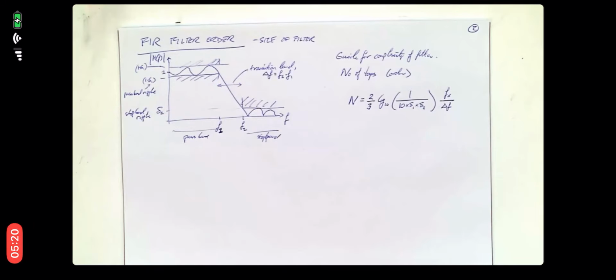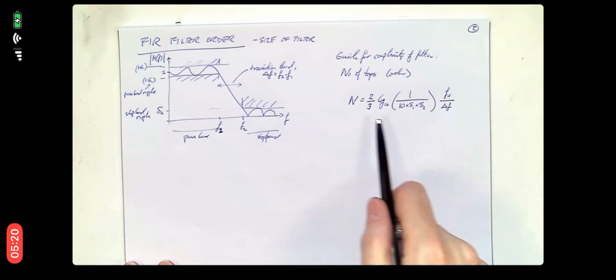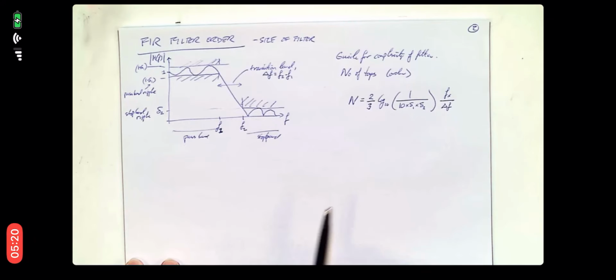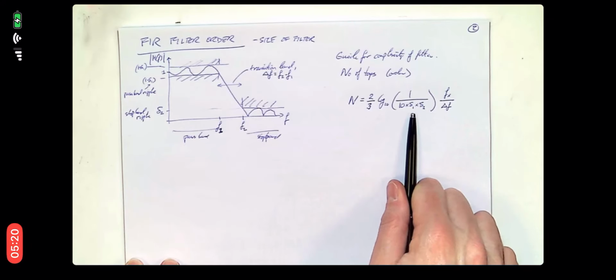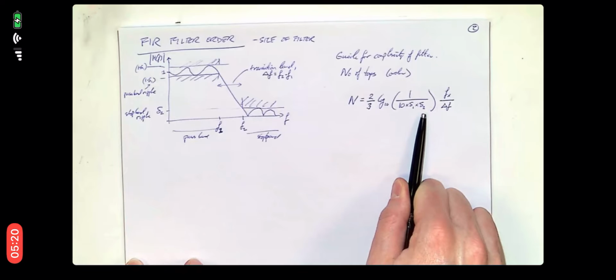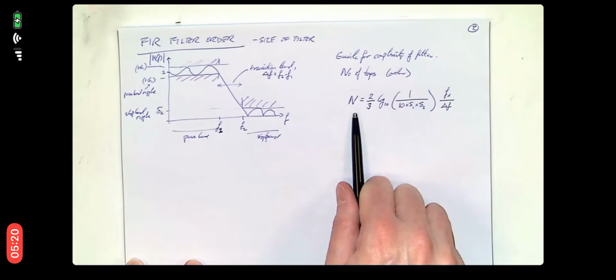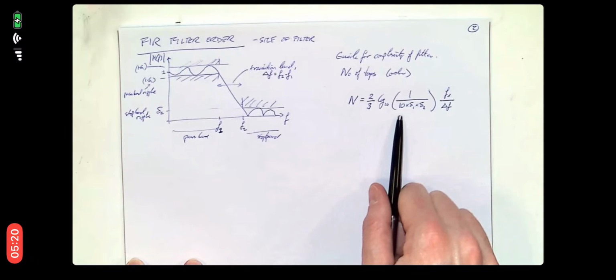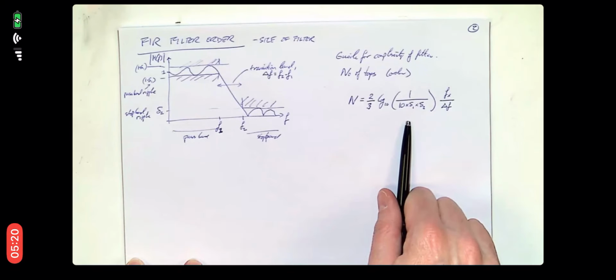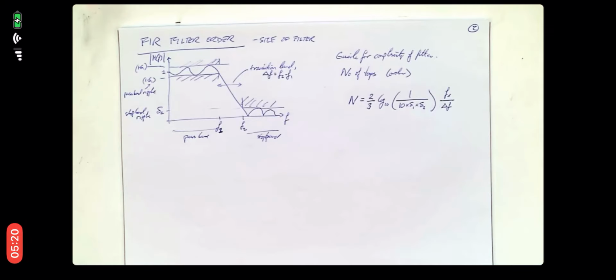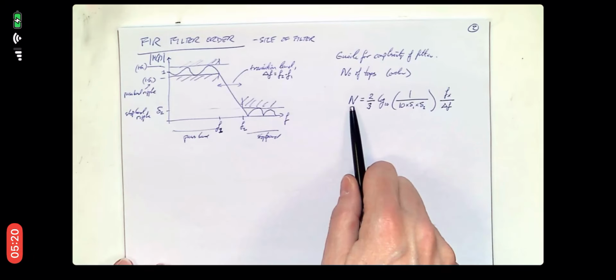If we've got a really tight transition band, we've got to cut off really quickly, we're going to need a higher order filter. Similarly, if the pass band ripple delta 1 or the stop band ripple delta 2 are smaller, that also increases n. This term's inside a logarithm, but it's still an increase. So the tighter we want those to be, the larger n has got to be.